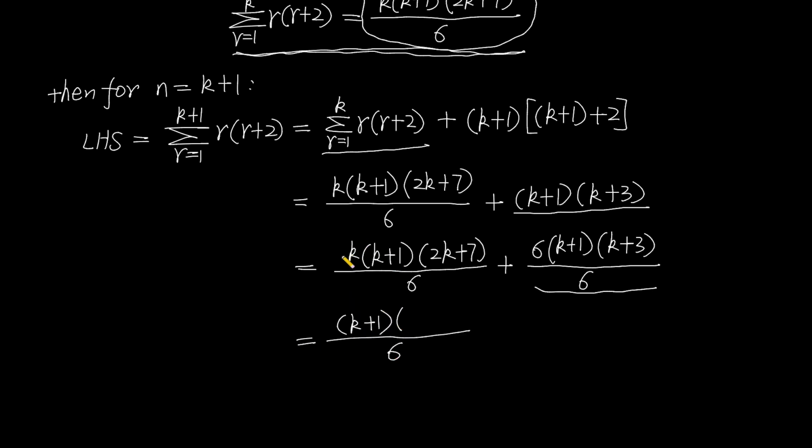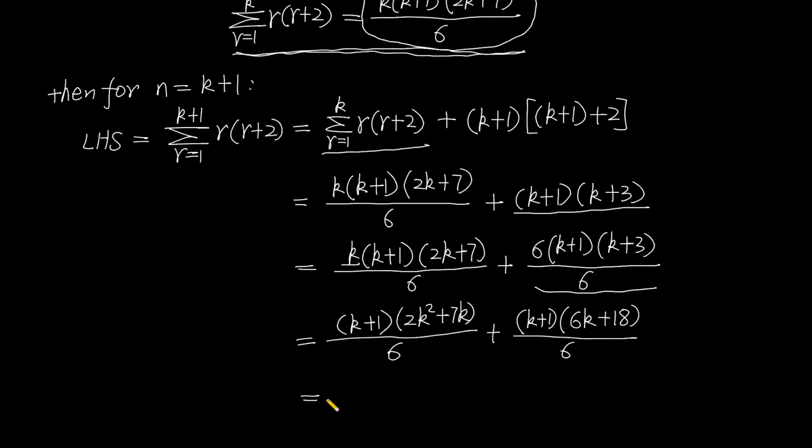Now we multiply k with 2k + 7, which gives 2k squared plus 7k, and we multiply 6 and k + 3, which gives 6k plus 18.